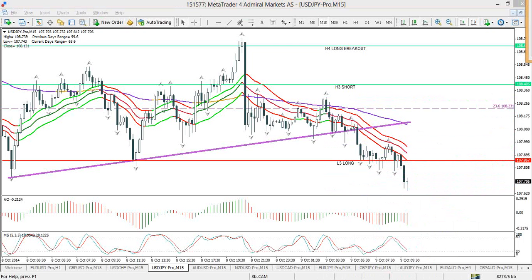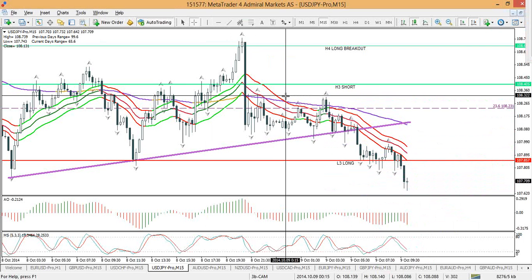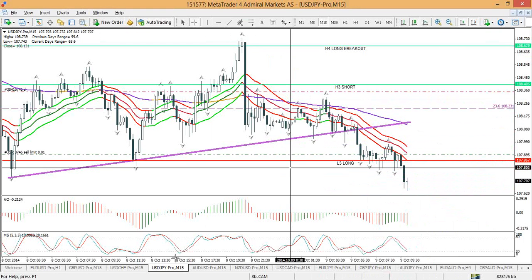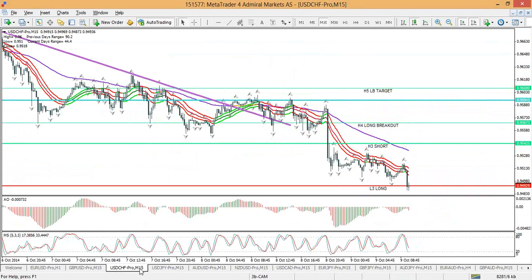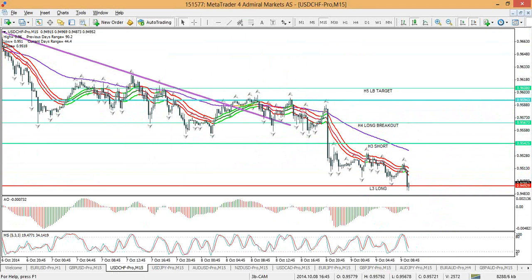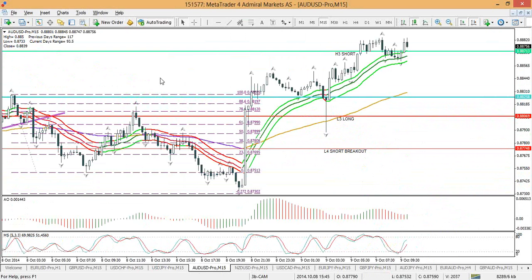Try it, see how it works. See, the difference with dollar Swissy is the fact that it's already below L3. But both don't seem to have very big support or resistance in front of it.